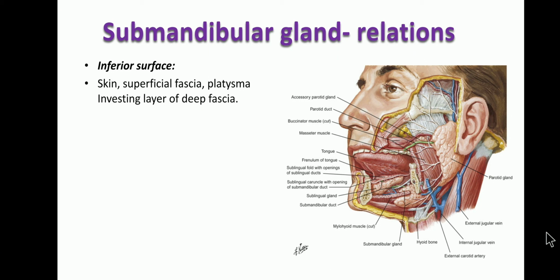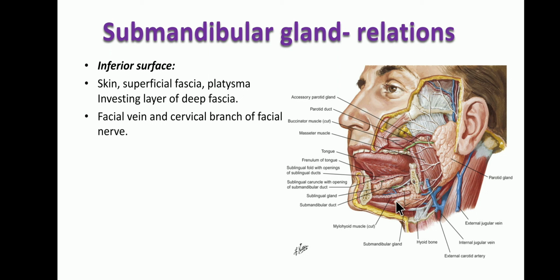Deep to platysma, you can see the common facial vein crossing and draining into the internal jugular vein, and it is also crossed by the cervical branch of the facial nerve. Both are present deep to the platysma.